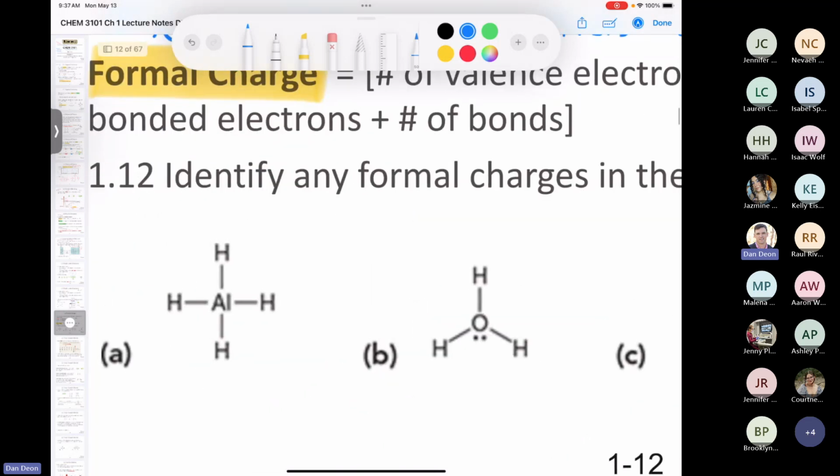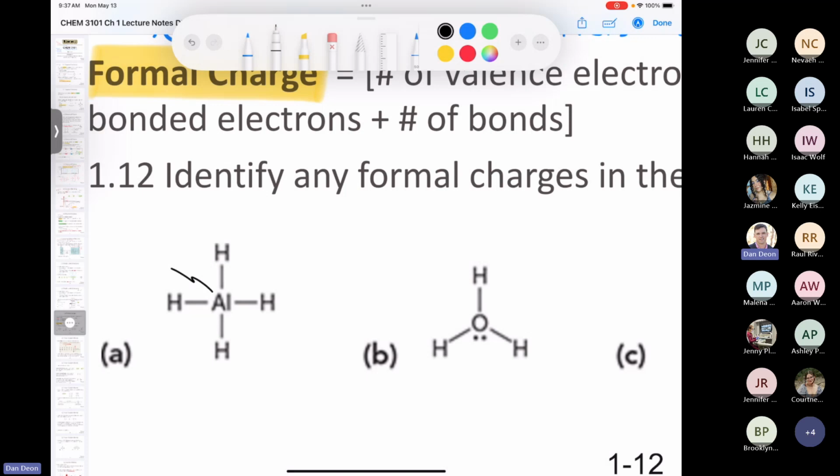So let me show you. If I look at the aluminum in AlH4, how many valence electrons does aluminum have? Anybody? It's in group 3A, right?